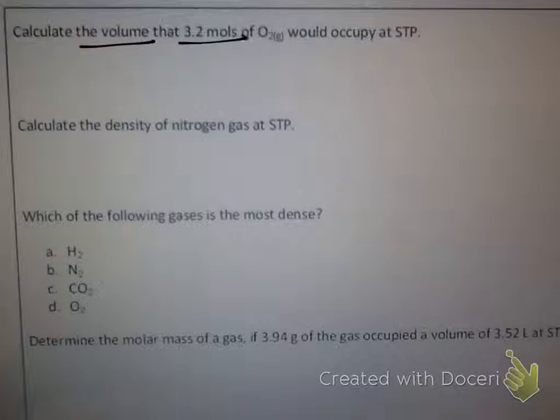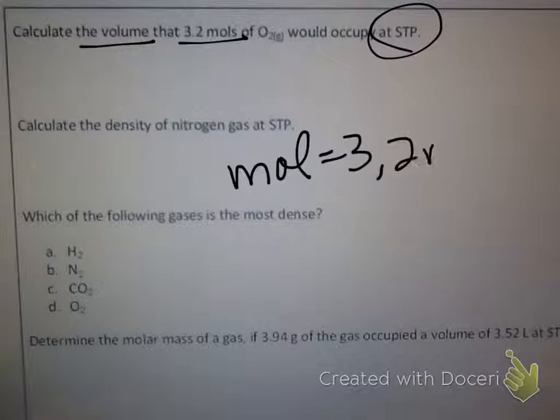We're given moles and we need to calculate volume. And we're at STP. Anytime you see that you're at STP, you need to think about what that means: standard temperature and pressure. So that's our unknown.